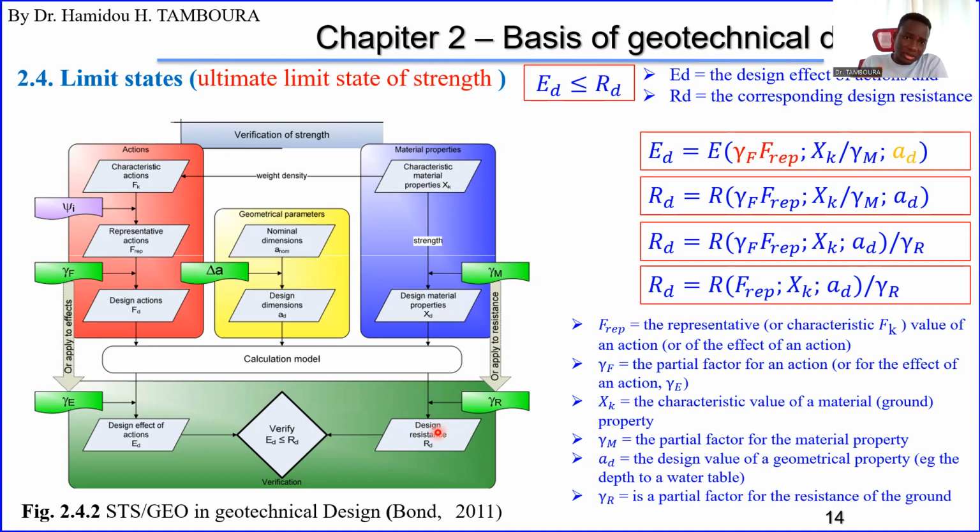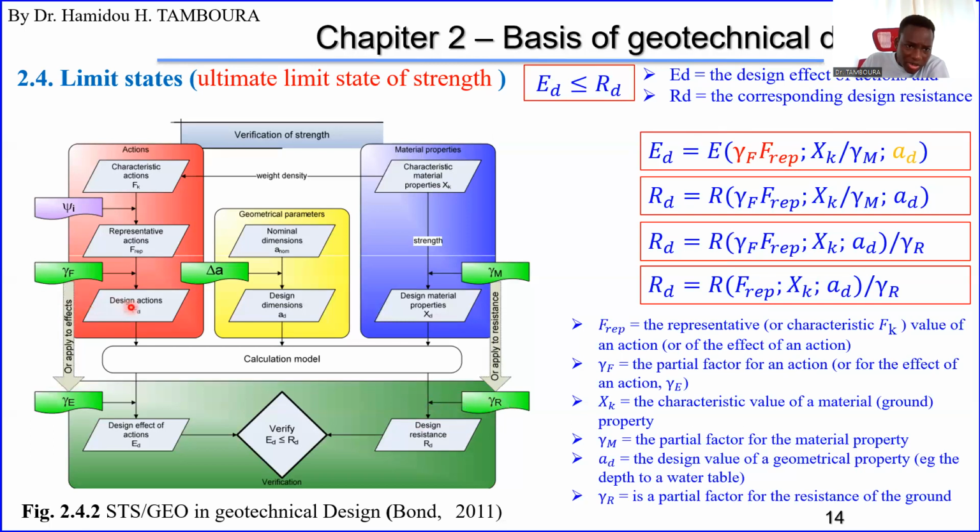For example, the soil is resisting, but there are also some actions contributing to the resistance. Anyway, you can use this gamma R instead of gamma M. If you want to use gamma R, it is used here directly. To obtain design resistance, apply it here.